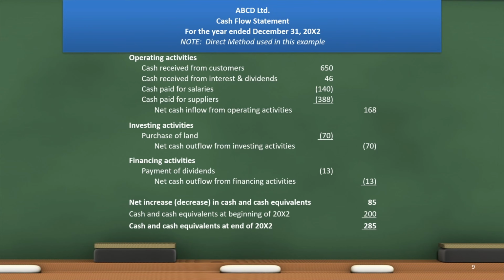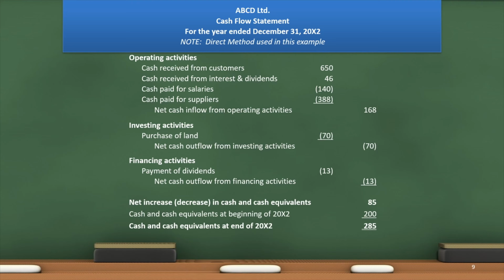Like any other financial statement, this statement is prepared in good form. It begins with the legal name of the entity, ABCD Limited, at the top. Then the statement is named, Cash Flow Statement. Then indicated is the period of time for the year ended December 31st, 20x2, which would mean that the beginning of the period is January 1st, 20x2.